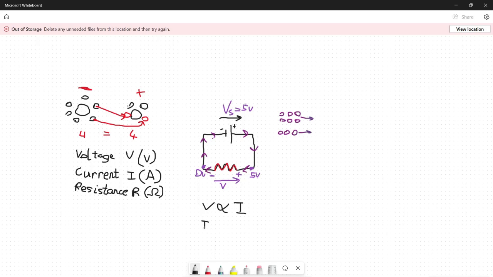But now current will be inversely proportional to resistance. Why? Well, once again, the amount of electrons that are allowed to flow is based on the resistance. If there is more resistance, there'll be fewer electrons allowed to flow, which means there'll be less current, because current is the flow of the electrons.